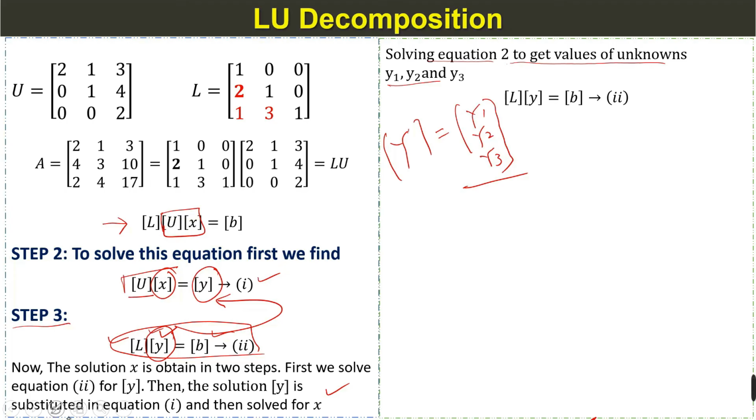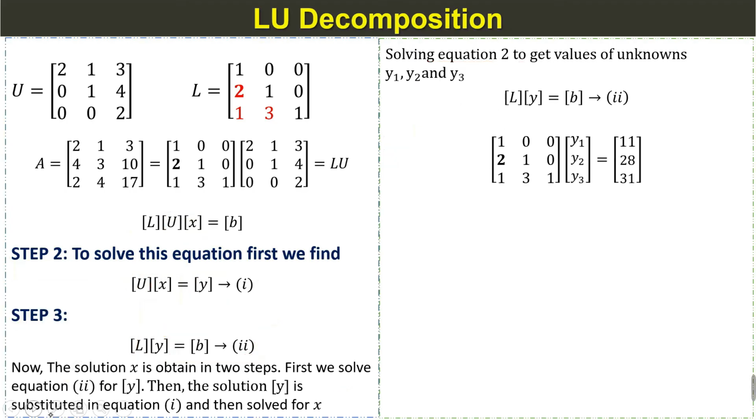So the lower triangular matrix times the column matrix Y is equal to the B matrix. We multiply this row with this column and we get Y1 equal to 11. Then we multiply with this and we get Y2 equal to 6.